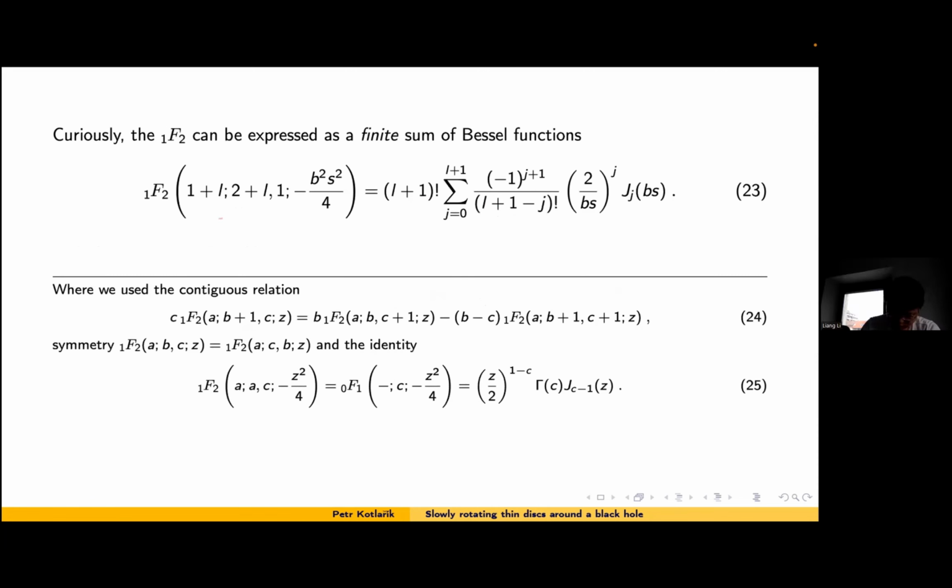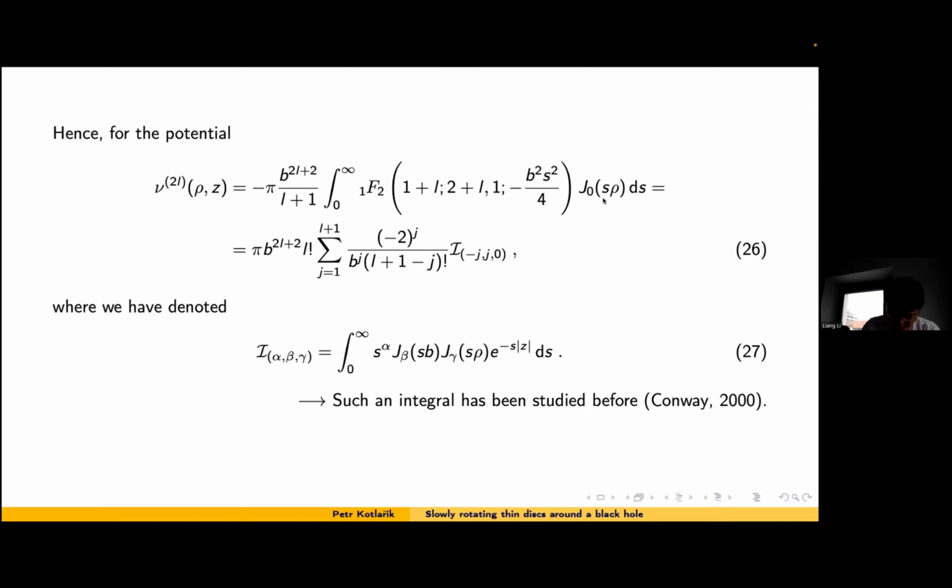Curiously, this hypergeometric function can be expressed as a finite sum of some Bessel functions. And here are just some relations you can use to really obtain this expression.